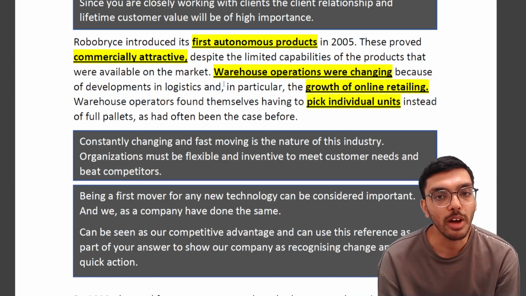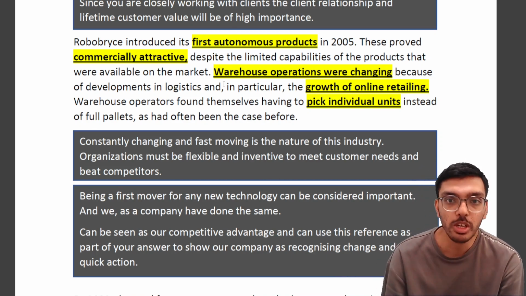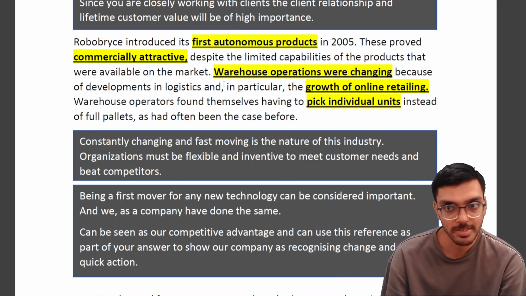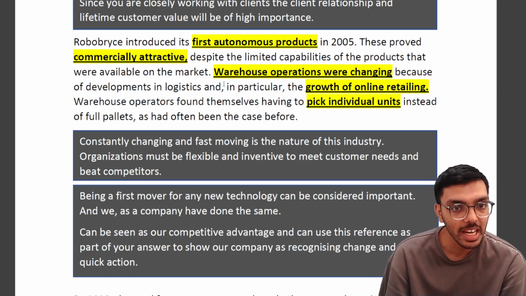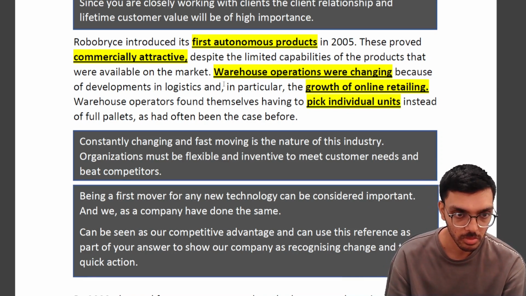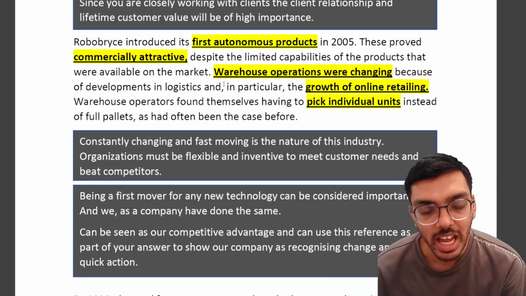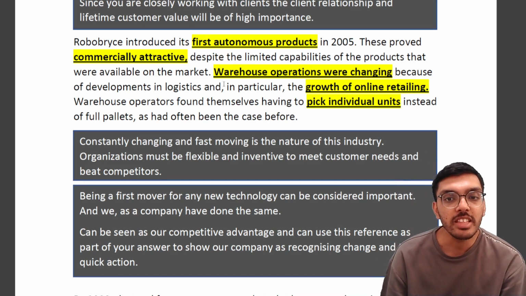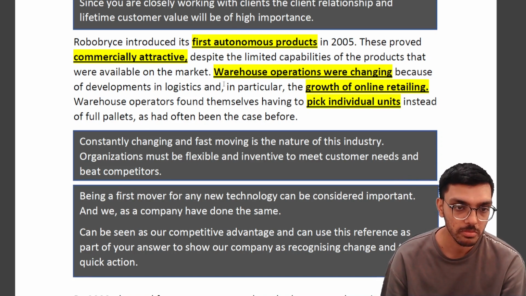Warehouse operators found themselves having to pick individual units instead of full pallets because that's the nature of online retailing, as had often been the case before. So constantly changing and fast moving is the nature of this industry.